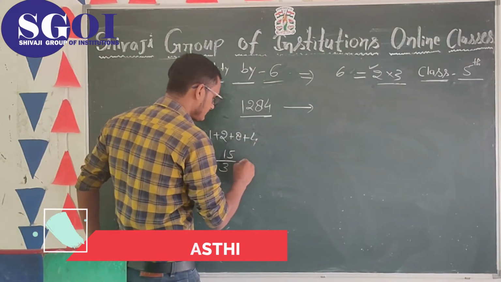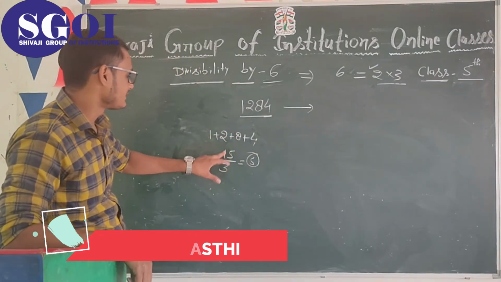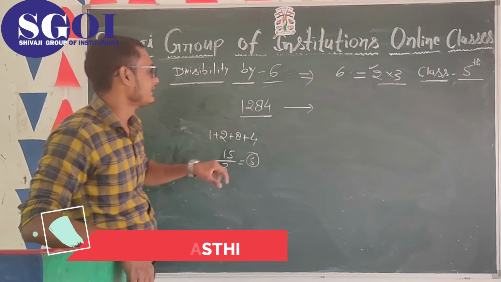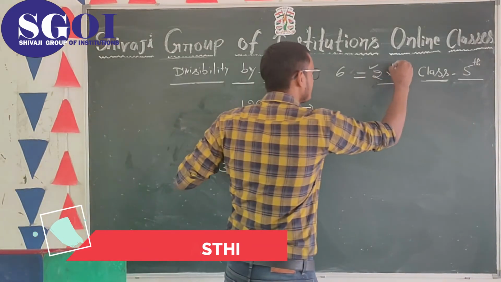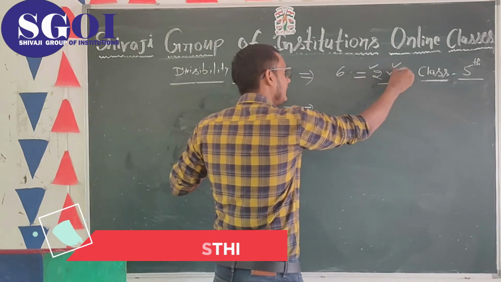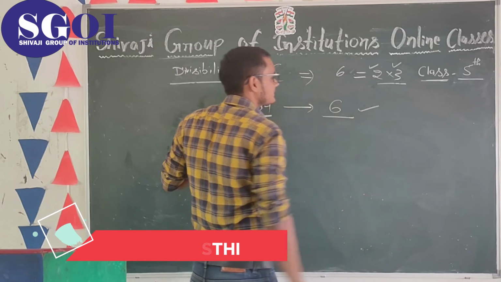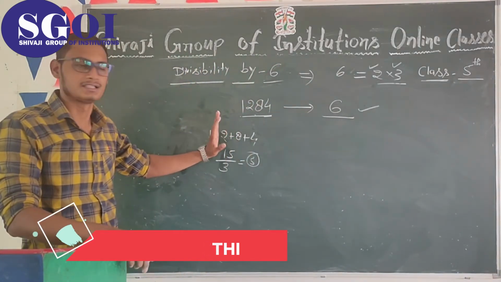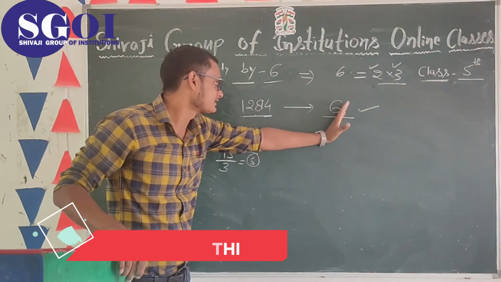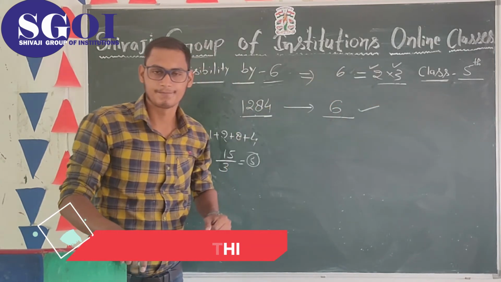Is 15 divisible by 3? Yes. So the sum of all the digits is divisible by 3, and this number is divisible by 3. This number is divisible by 2 and 3, so it is also divisible by 6. Understood?